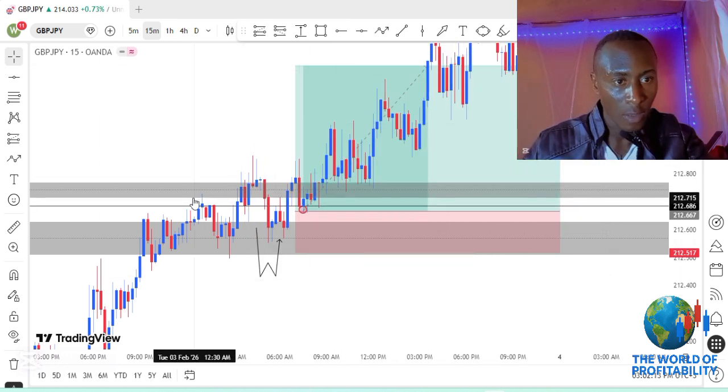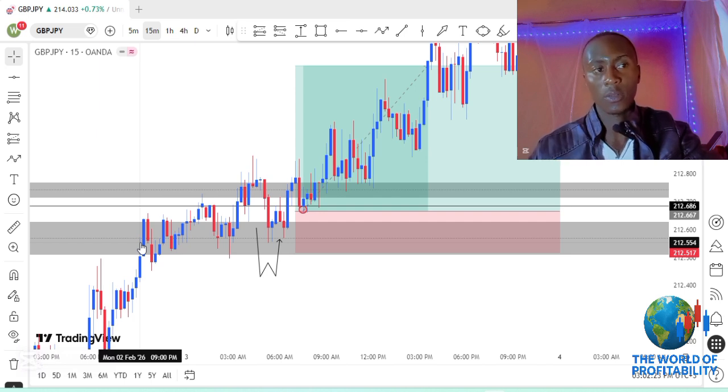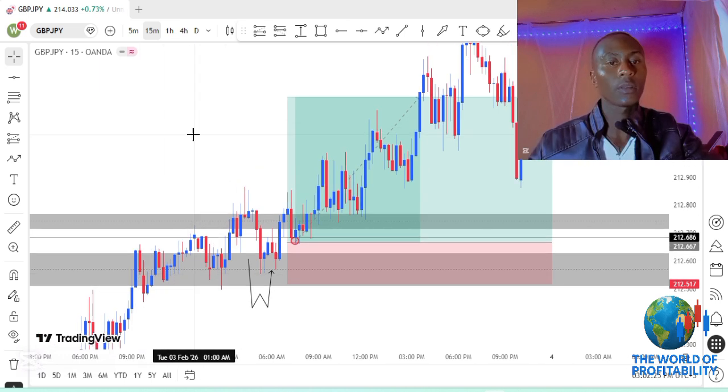It would have been almost equal to these rows, and that's something that I don't want when executing trades. I want the stop loss to be below the previous rows, but this setup played out very well.